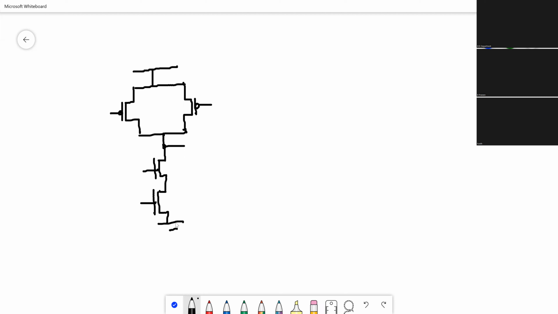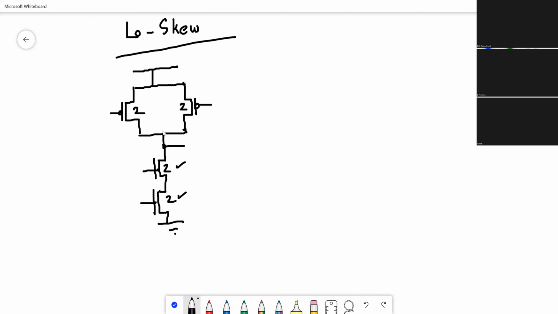I'll just recall what the sizes of a normal NAND gate are: 2, 2, 2, 2. This time I want a low skew 2 input NAND gate. Low skew means this pull down network part is very critical for me. I cannot reduce the strength of these NMOS transistors. I will leave it as it is. So these are the same.